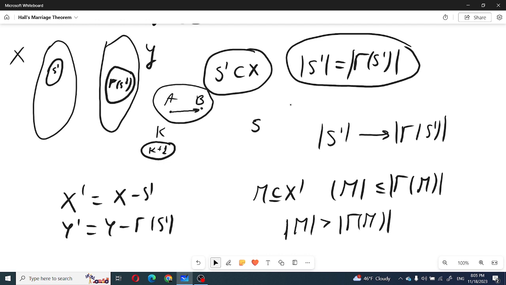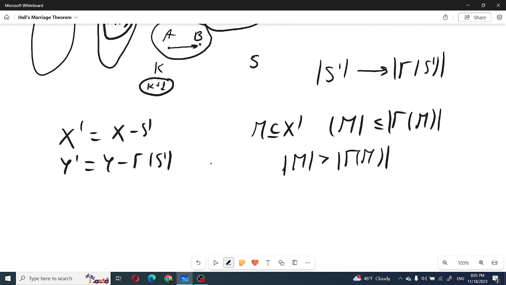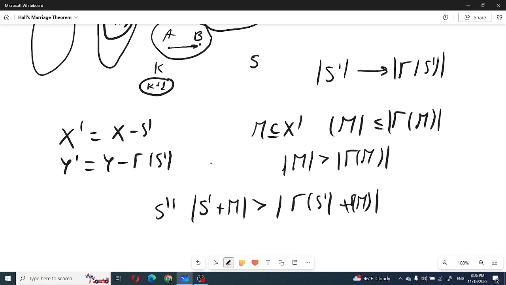So this means that if we choose S prime plus M in the original problem, the size of S prime plus M will be greater than the size of G of S prime plus G of M. And clearly this is a contradiction of the initial statement, since S prime plus M is some set S2 prime, which is also a subset of X. There we know that the size of S2 prime must be less than or equal to the size of G of S2 prime.